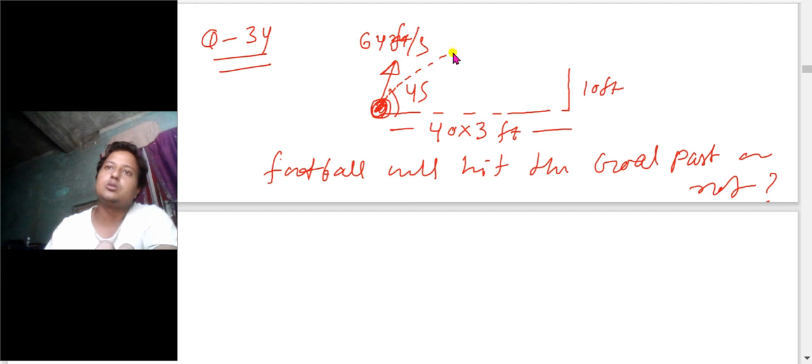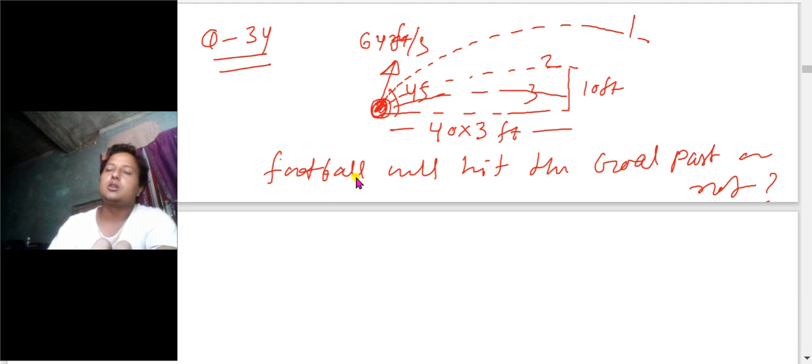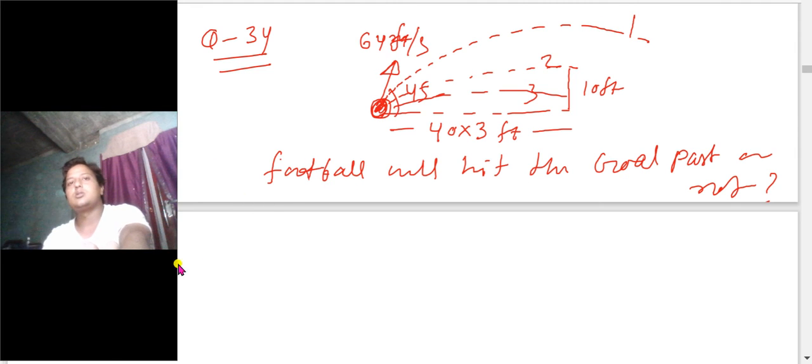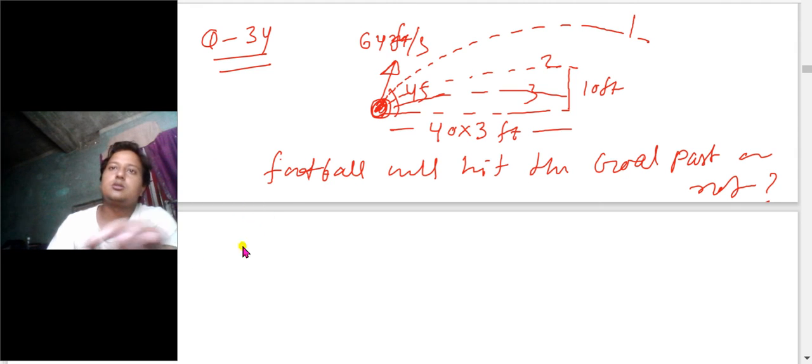Here the ball may go like this, or like this. So there are 3 possible paths, and we have to calculate. First of all, we calculate the range. Range is u square sin 2 theta over g.